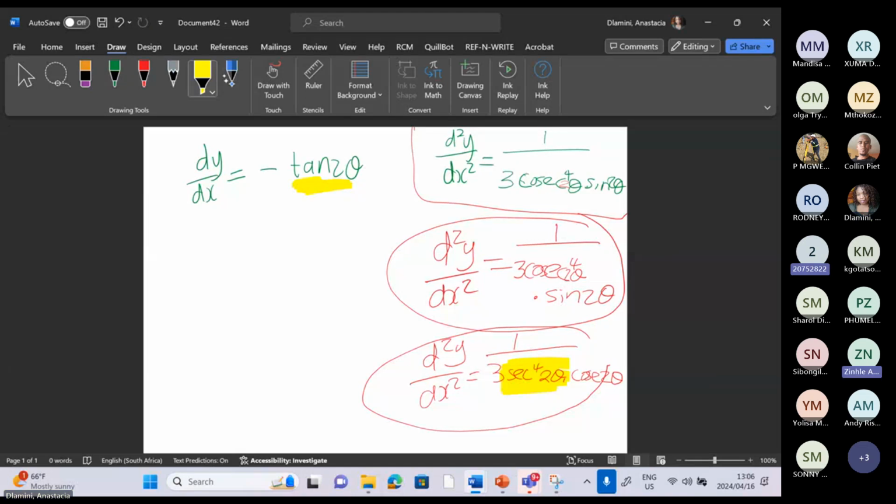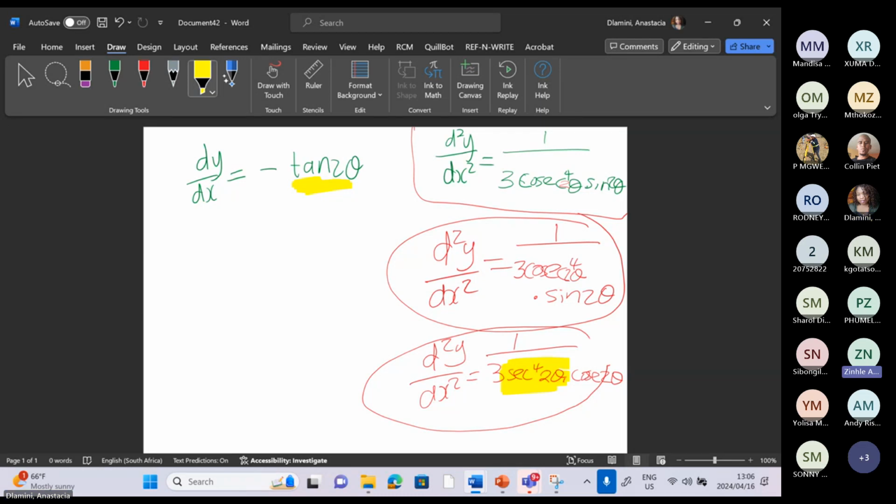No, she's trying to say dx. Sorry, dx. Yes. So when we're dividing with the dx, I times my sec squared, so it's 1 over cos squared 2 theta times sine 2 theta.